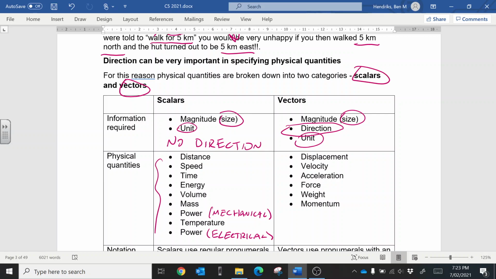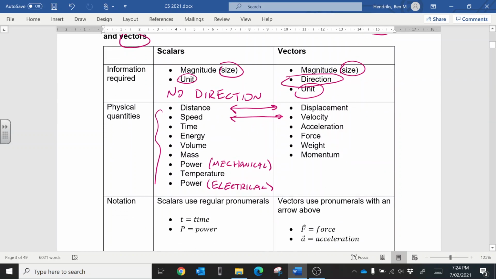In vectors we have displacement, velocity, acceleration, force, weight, and momentum. Distance and displacement are similar but not the same, and speed and velocity are also similar but not the same, and we will talk about them a bit more later on also.